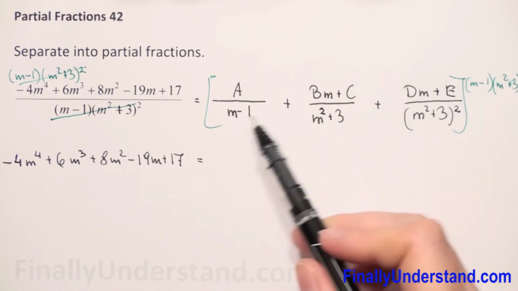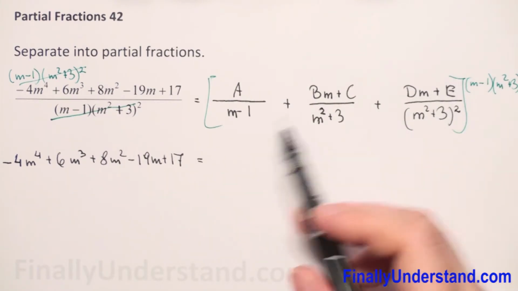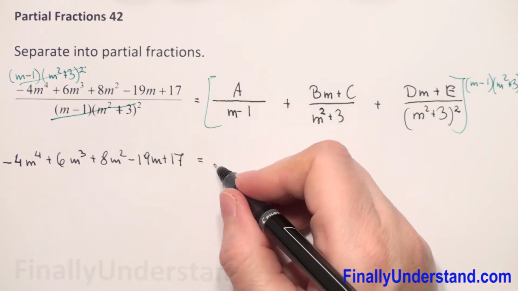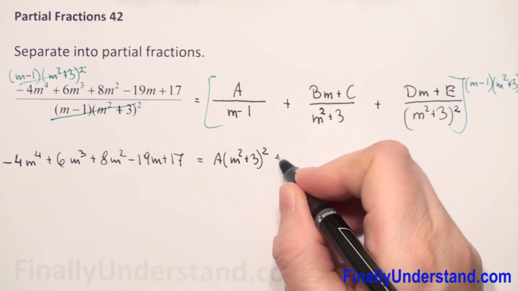When we multiply the first fraction by this expression, n minus 1 will reduce with the denominator, so we have only a times n squared plus 3 to the second power, plus.